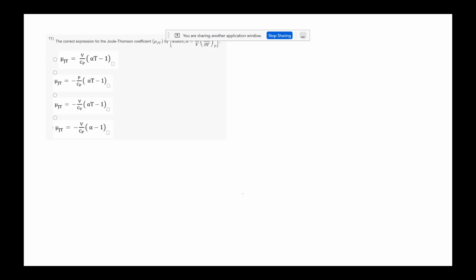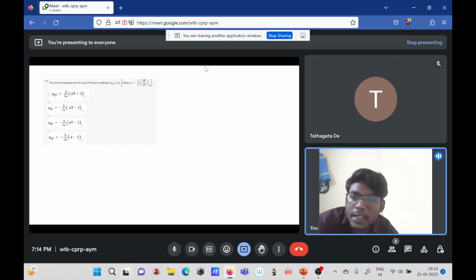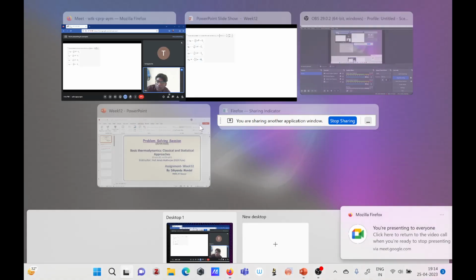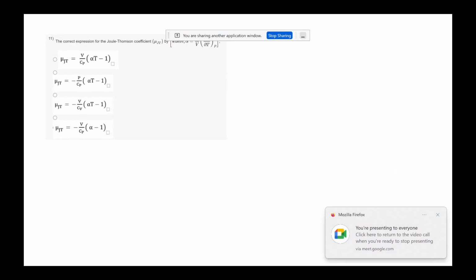This is also a quite lengthy problem. It says to find the correct expression for the Joule-Thomson coefficient mu JT. So to do this, we will first derive what the Joule-Thomson coefficient is.